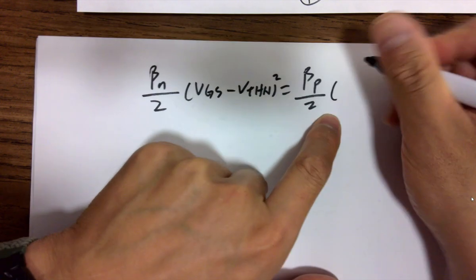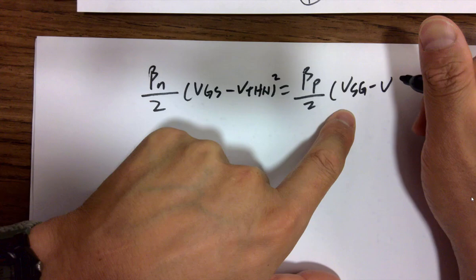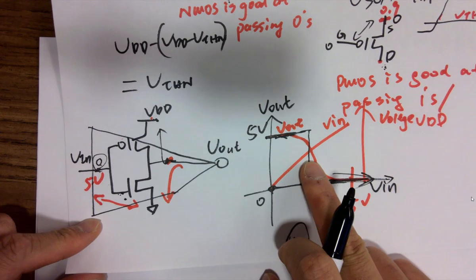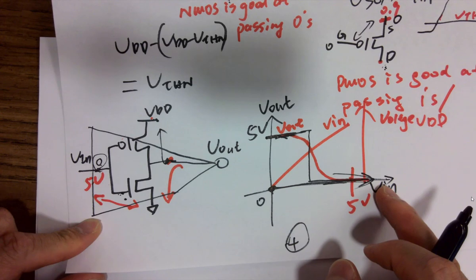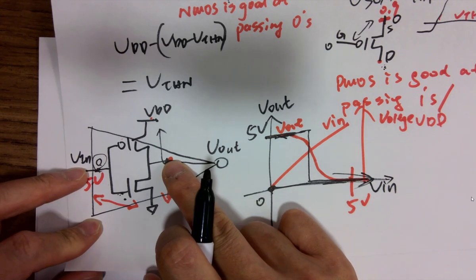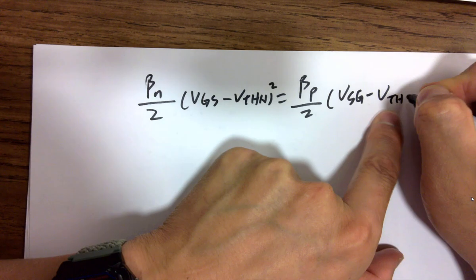This one, and for the PMOS, VSG minus VTHP. At the switching point, Vin and Vout are equal. VSG minus VTHP is not changing.